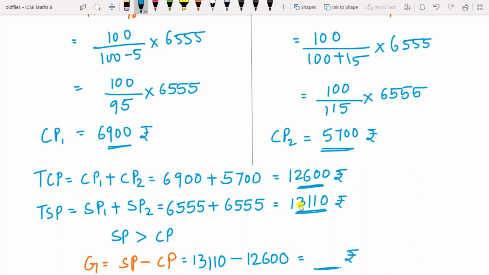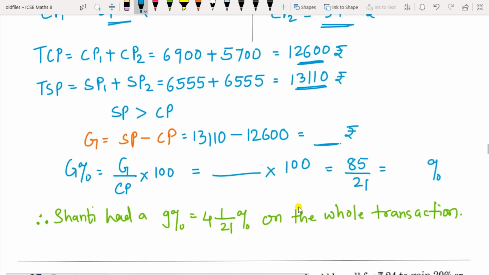Here you can compare these two, selling price and cost price. The selling price is greater, so it is a gain. So the gain will be 13,110 minus 12,600, which is 510 rupees.